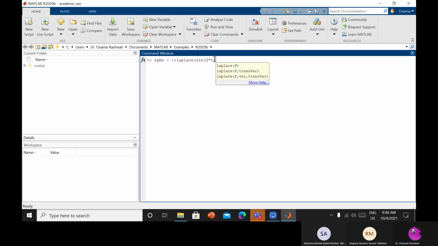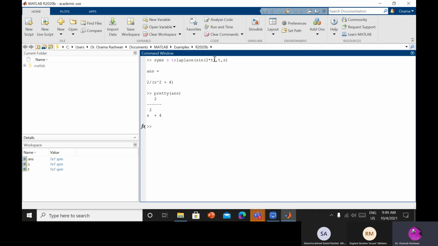Comma. Yes, I input t and the output will be s. Is it correct? Now I press. Yes, I have this one. If I would like to write it in mathematics mode, I'm just using the command pretty, and pretty for the last thing, which is called ans.